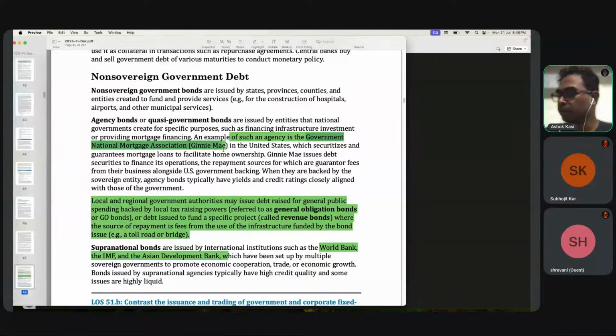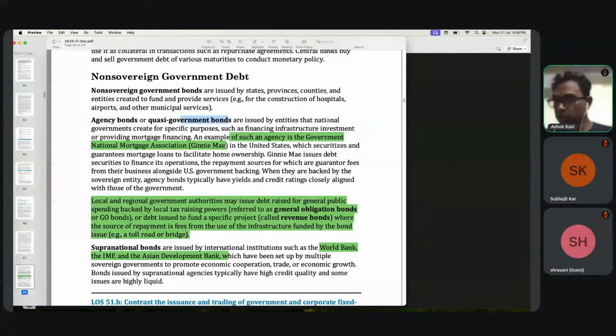Ginnie Mae, G-N-M-A, the Government National Mortgage Association. It was created by the government, that's why it is quasi-government. So when they issue bonds, they are quasi-government bonds.